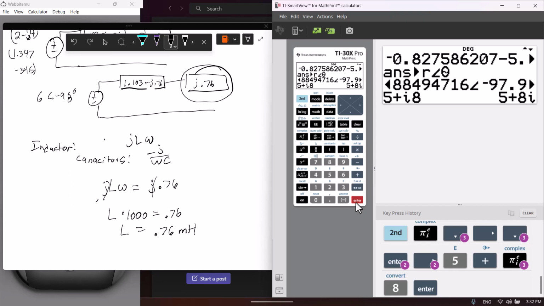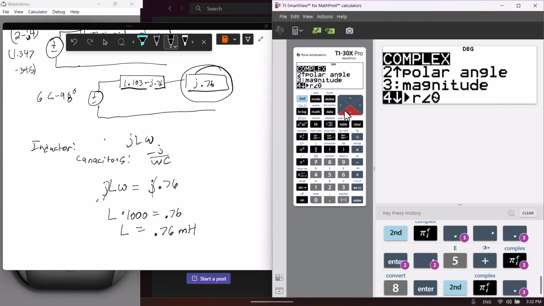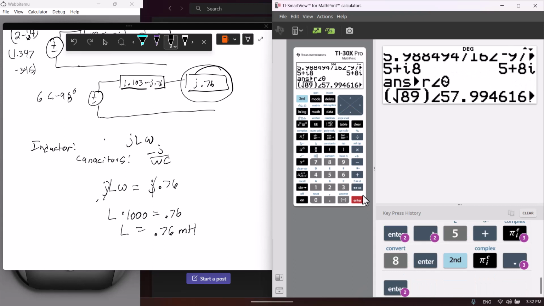If I did it from where it was at 5 plus J8, it would just change the J8 if I didn't put it in parentheses. But here, since it was the previous answer, I just go to second and complex, and I go down to number 4, and that says change it to R angle theta. And then it gives it to me.